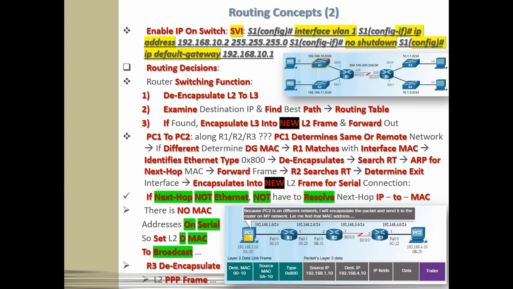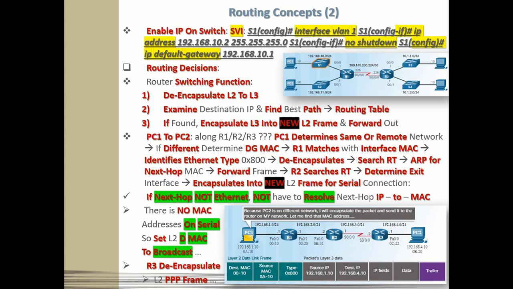We can have different layer 2 framing, and it's the job of the router to determine the outgoing interface and, according to that, to encapsulate the packets in the appropriate data link frame type for the outgoing interface.